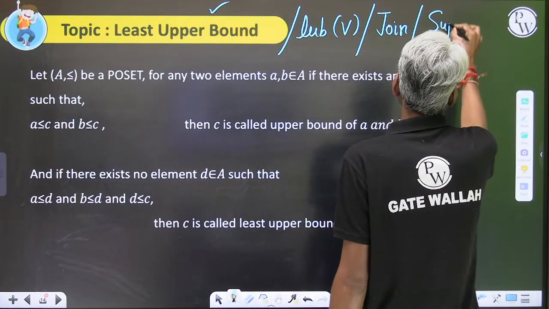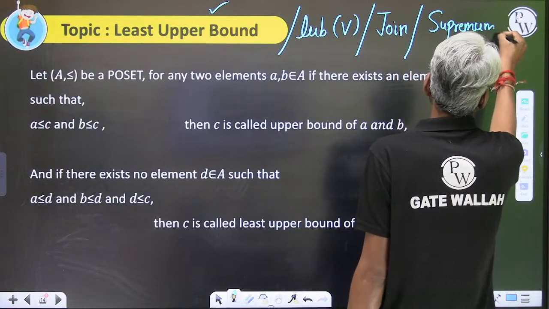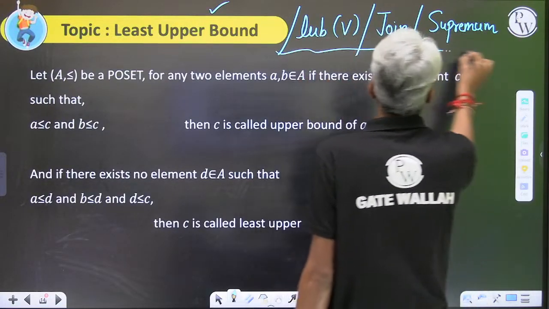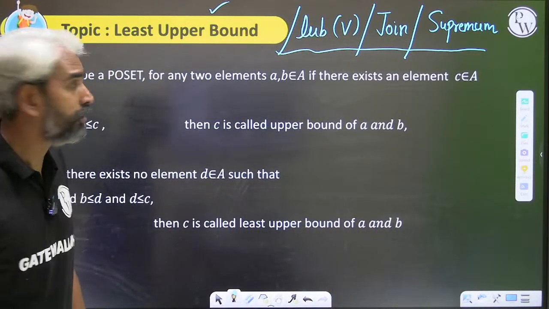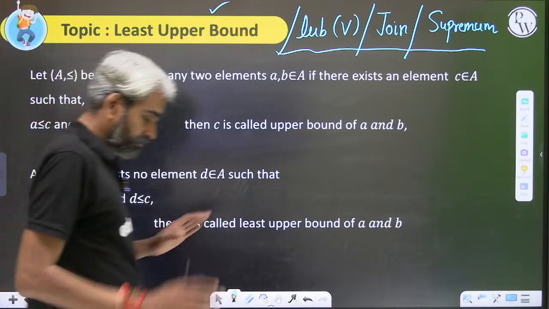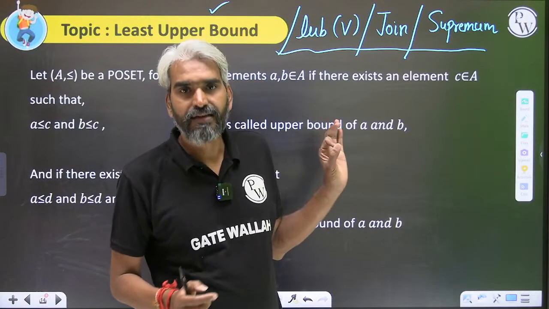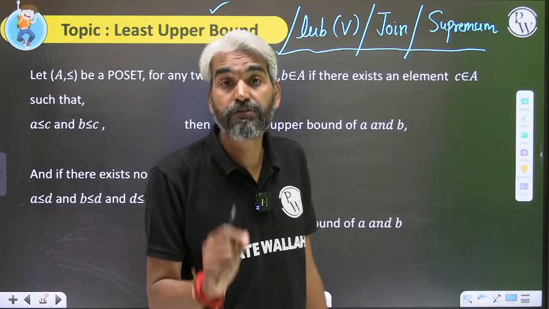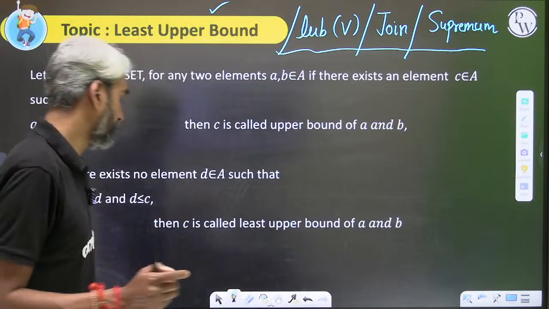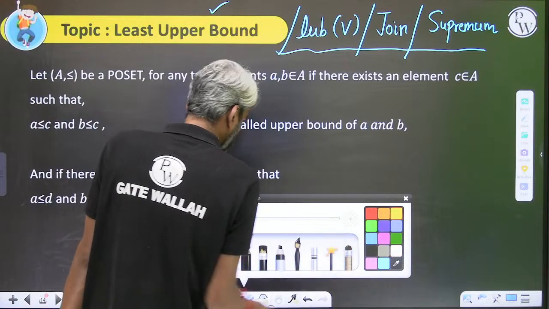There are various names given, but all of them are the same thing, whether it is least upper bound, join, or supremum. Now please try to understand. We are defining least upper bound or greatest lower bound in the context of a poset, a partially ordered set. So let's try to understand the definition first.